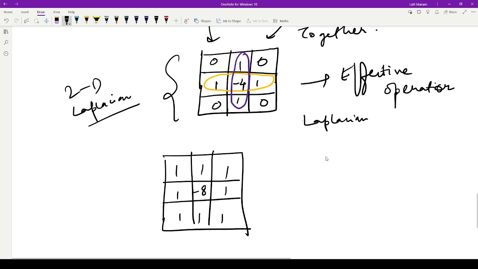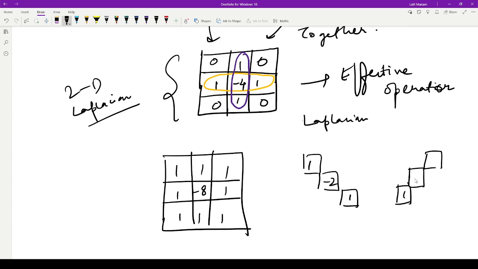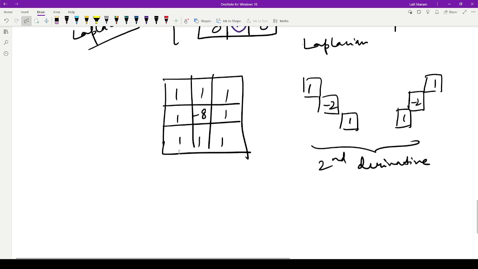So what did I do effectively? I added two more derivative operators like this. Actually, these are all second derivative diagonal operators.